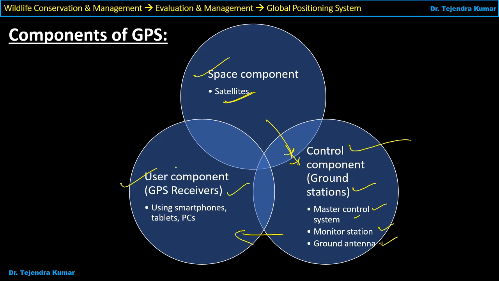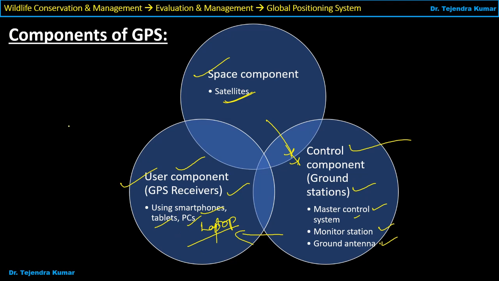GPS receivers are the user component, not exactly the man, but actually the device used by the man. This device may be a smartphone, tablet, PC, or laptop. These things are the GPS receivers.